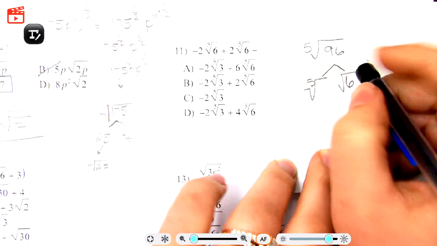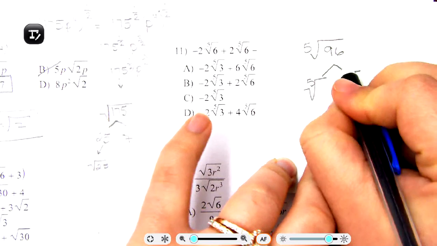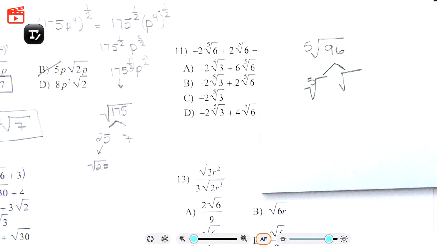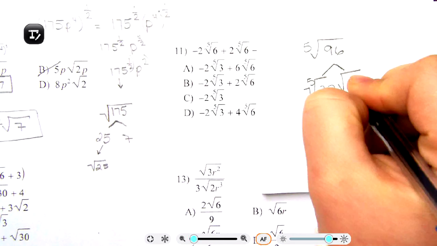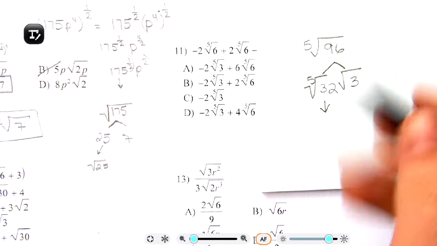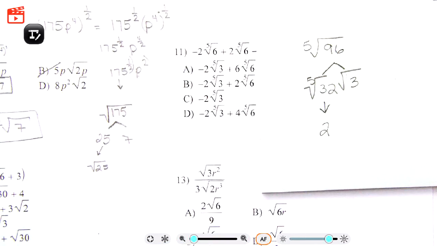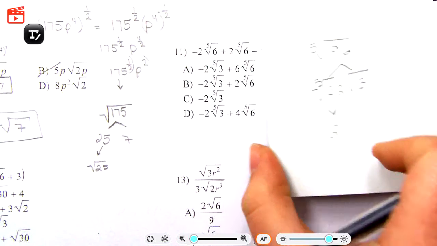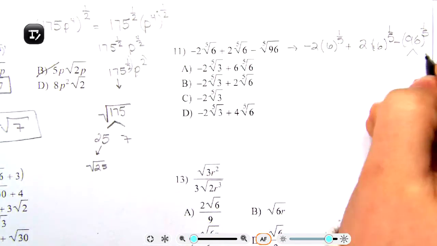I don't think 6 works, but let's see if we can still simplify it though. I think it's 32. 32 times 3 is 96, and the fifth root of 32 is 2. All right, well, let's keep going.